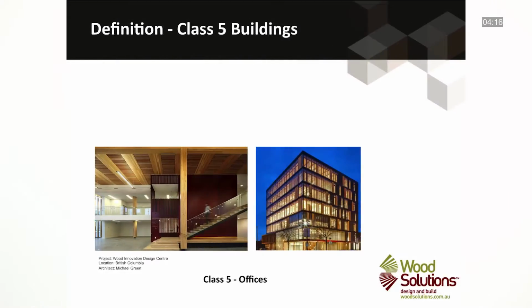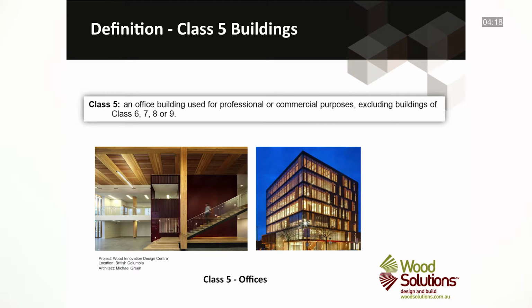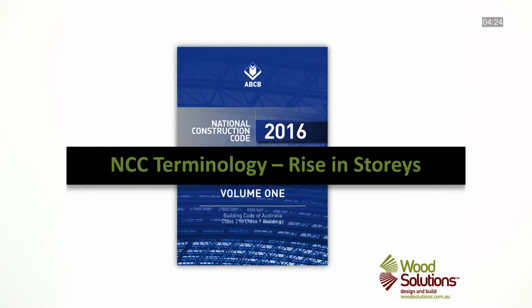Class 5 buildings are defined as an office building used for professional or commercial purposes, excluding buildings of Class 6, 7, 8 or 9. Let's now look at the terminology around rise in stories.